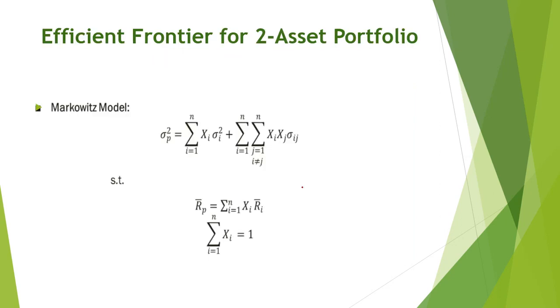Now coming to the efficient frontier, we will be going for the 2 asset portfolio case, then we will go for 5 or n asset cases. You can do it for yourself, for 10, 20, whatever you want. So this is what Markowitz did. If you remember, we went through the 4 moments, and we said the stock returns are normally distributed.